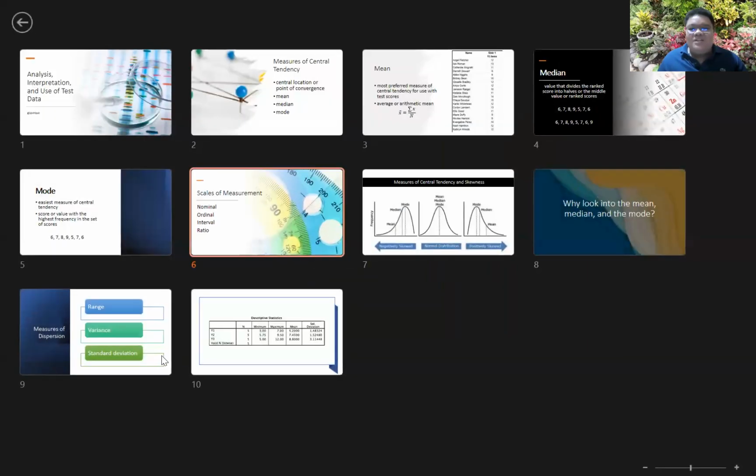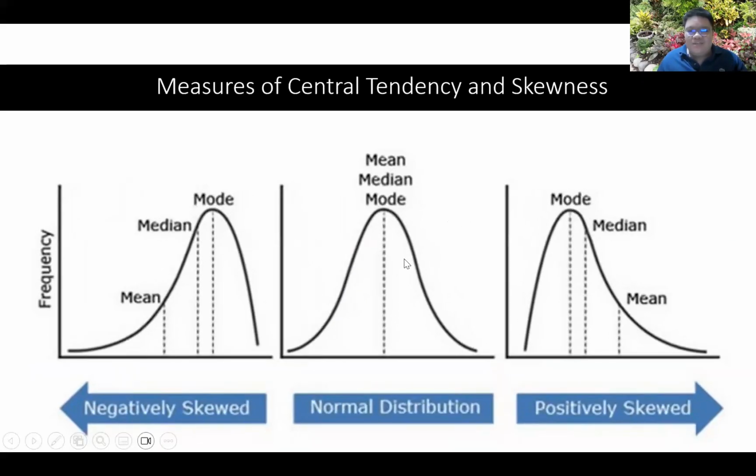Okay? So class, those are the different measures in terms of your central tendency. And if you would look at this one, now class, this one shows us the skewness of the data. Okay, this image reflects the skewness of the data. So class, may tinatawag tayong negatively skewed and then may tinatawag tayo class na positively skewed.